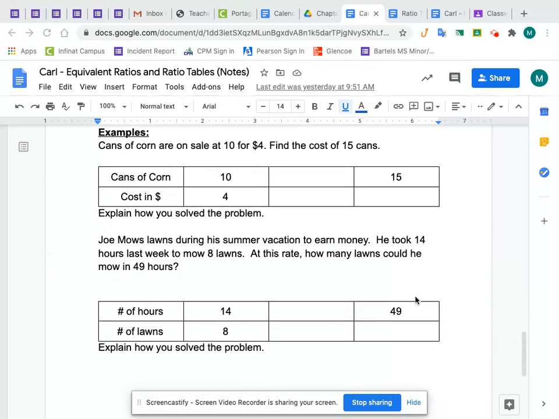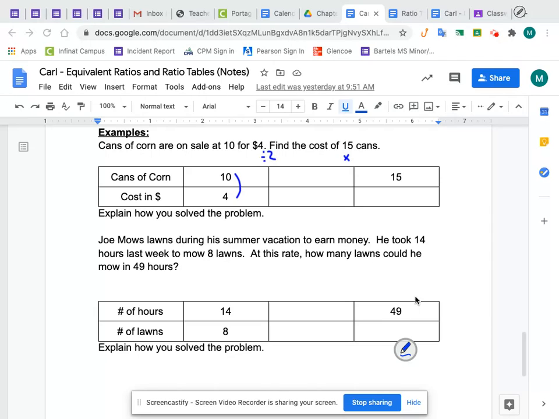Cans of corn are on sale 10 for $4. Find the cost of 15 cans. So I can't go from 10 to 15. I need to scale back, but I need to think what number is going to go into both 10 and 4, that when I divide, I can then take this number and multiply to get to 15.